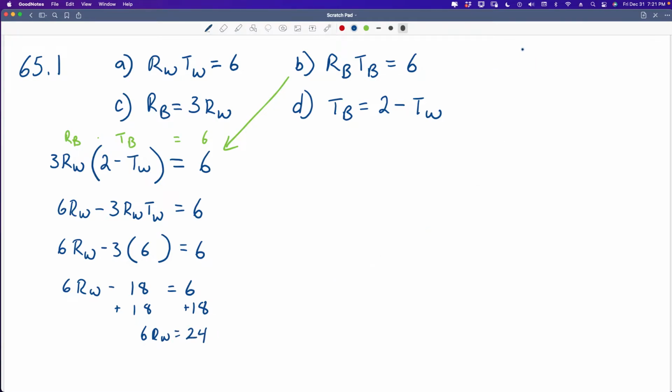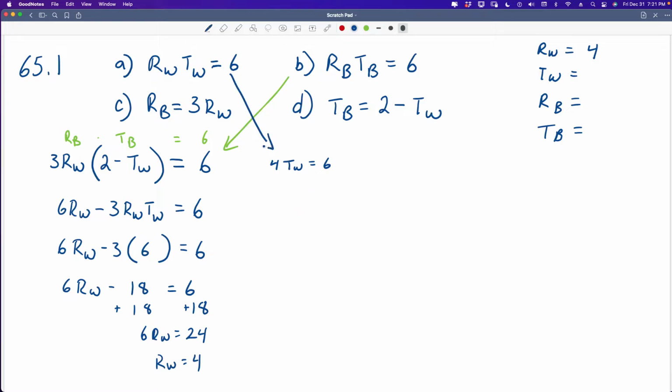All right, I'm going to go ahead and write these up here. RW is equal to, TW is equal to, RB is equal to, and TB is equal to. So if I divide 24 by 6, then I get that RW is equal to 4. All right, so that lets me solve for TW, because if RW is 4, then I can say 4 times TW is equal to 6, right?